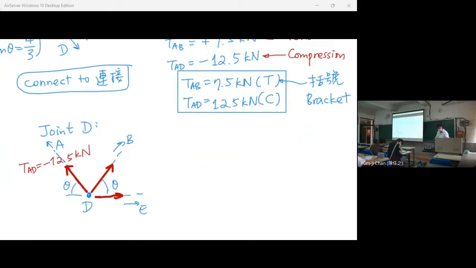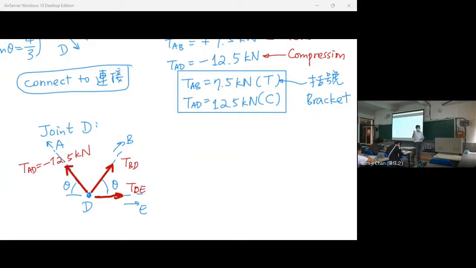And this is TBD, and this is TDE. Remember that all the forces are going out. If it is negative, then just write it as negative. But in a free-body diagram, all forces go away from the joint.